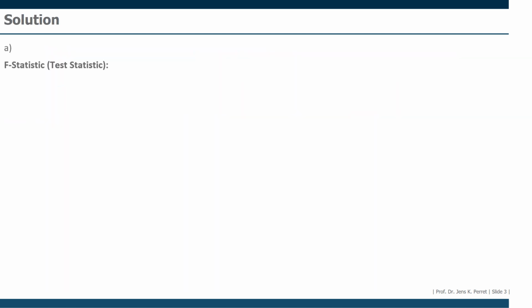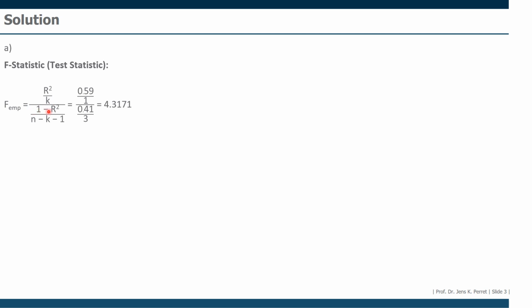Let's start first with determining the F statistic, which we need for our test in either case. So here the F statistic results from r squared divided by k, the number of independent variables. In this case, from the text we get that we only have one independent variable, x, so k is 1.